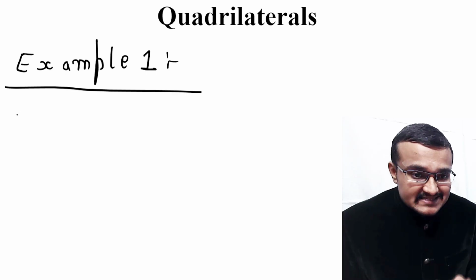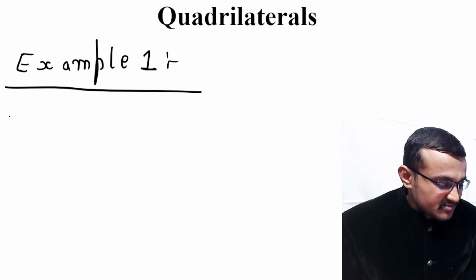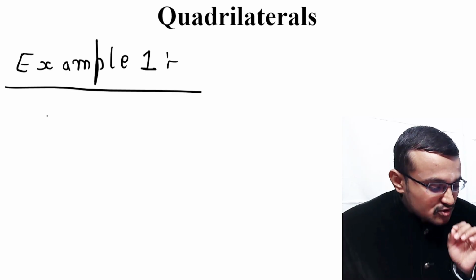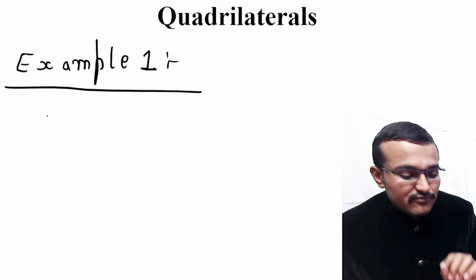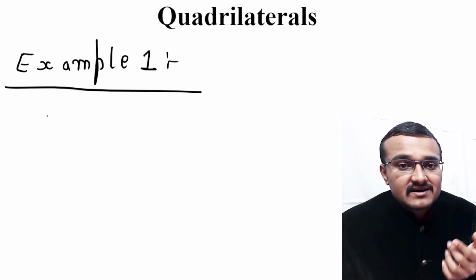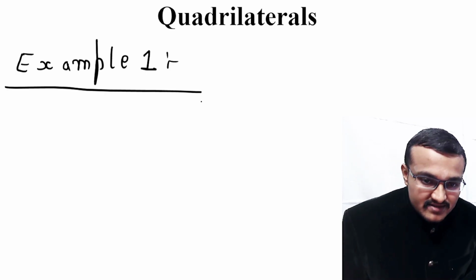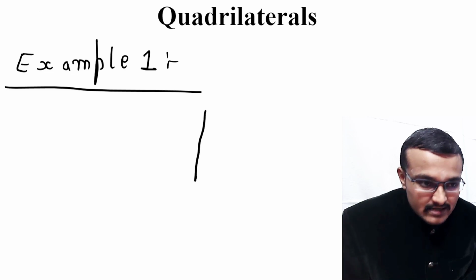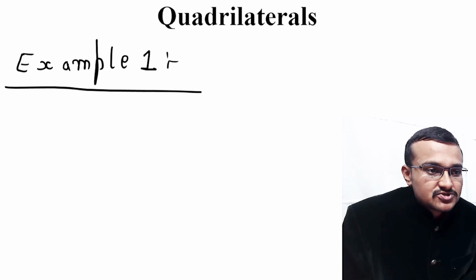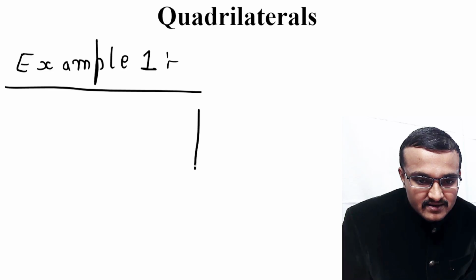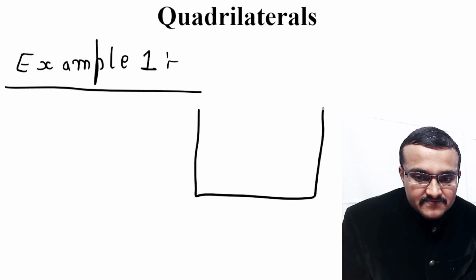Now coming to example 1 in this video, we have to show that each angle of a rectangle is a right angle. So here we have to consider a particular rectangle. Let us consider a rectangle like this.